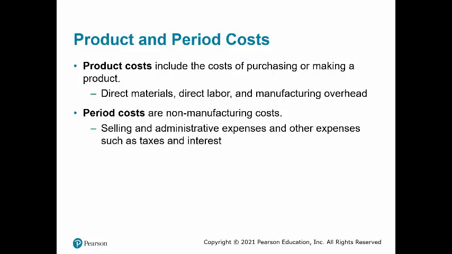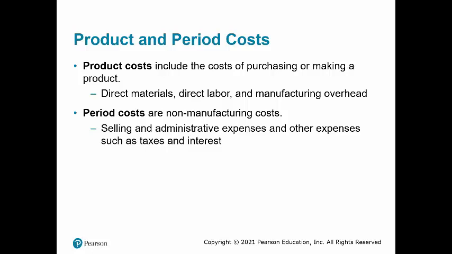So product costs are what we call inventoriable costs. So product costs are recorded as an asset in the inventory accounts as they are incurred, so they're going to be inventoried. The cost doesn't become an expense until the company actually sells that inventory, and at that time the cost is going to be reported as cost of goods sold in the income statement.